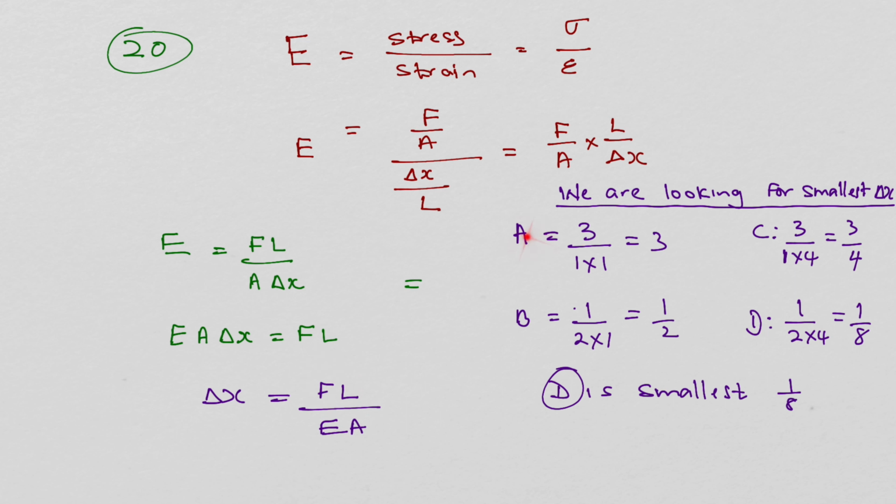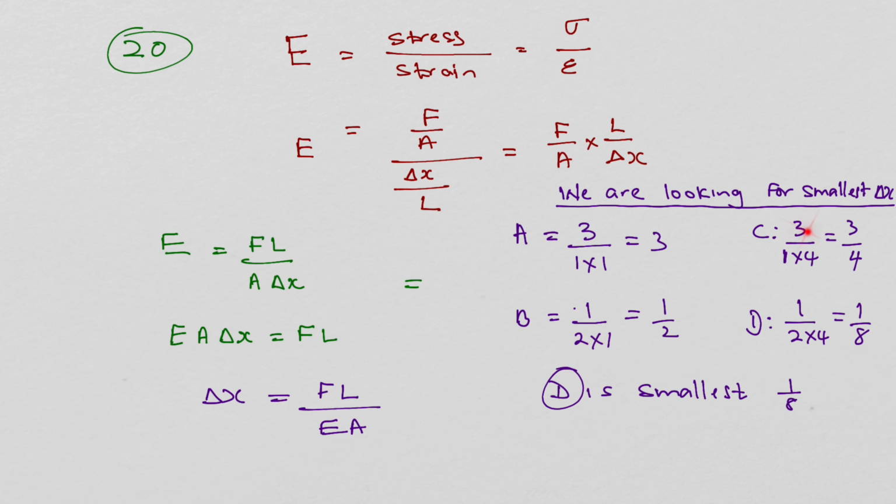So the first condition is A, where length is 3L, so that's 3, and E is 1, and area is 1, that's just 3 times. B, we've got the length L, which is 1, and we got 2 for the cross-sectional area, 2 times 1 for the area and Young's modulus, so that is basically a half.